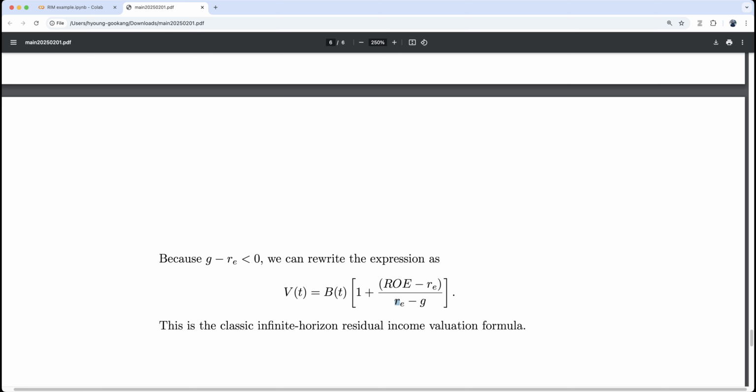Either the cost of equity is very high or ROE is very low, then PBR is very low. Alternatively, if g, the growth rate, is very low, PBR is low. Many Korean companies have a low price to book ratio. Well, it is maybe low ROE, right? High cost of equity and low growth potential.